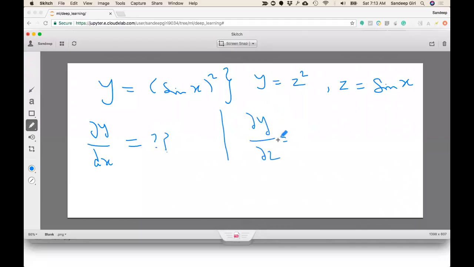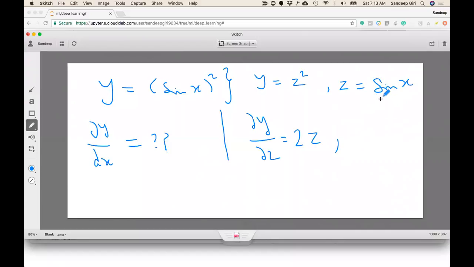How much is this, dy by dz? Correct. This is 2z, the way we did in the previous step. Similarly, people found that if we differentiate sine x, the answer is cos x.